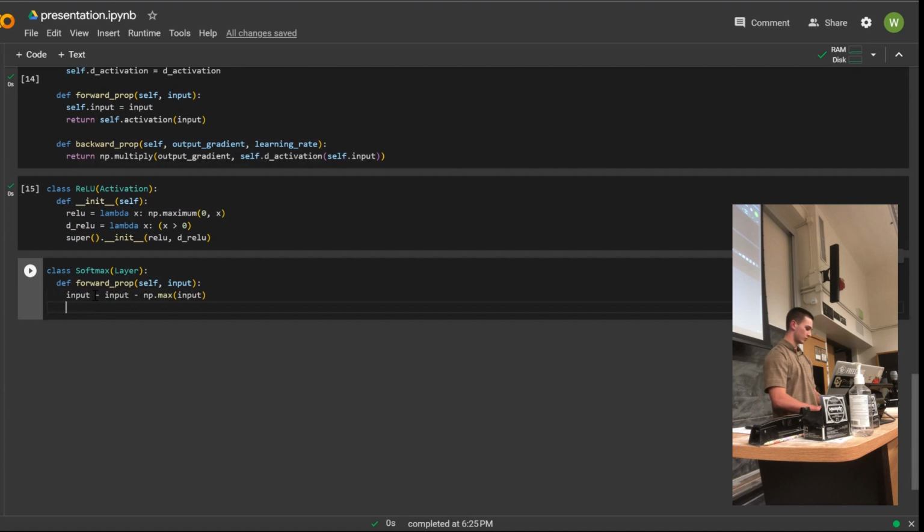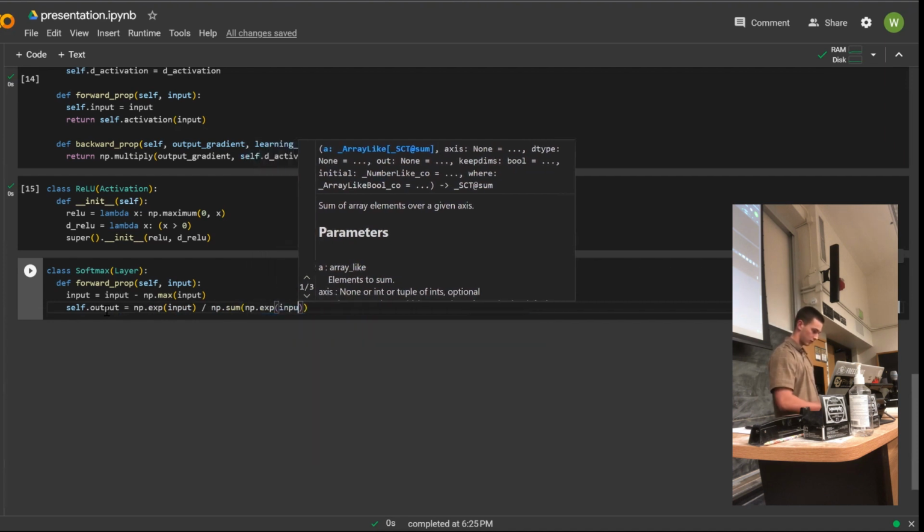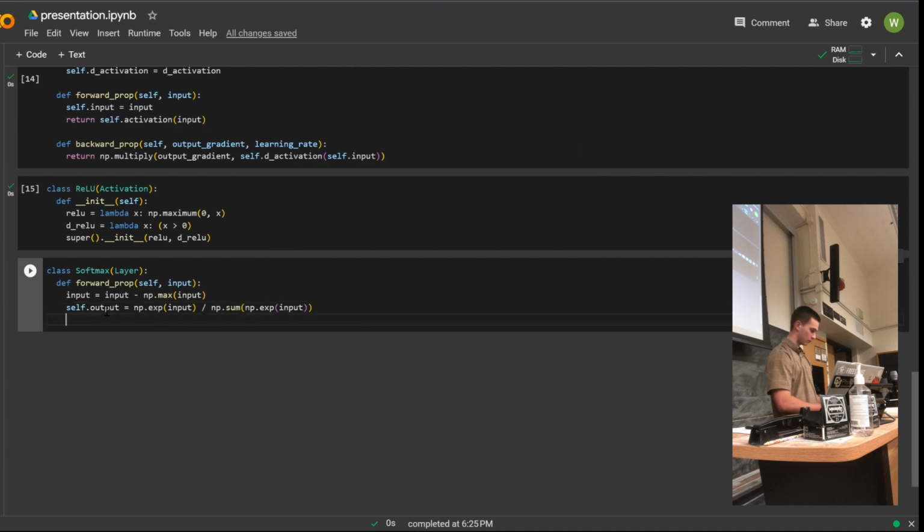So I'm just shifting each element of the input vector over to the left by the maximum. So when we raise e to that power, we don't get overflow errors. Okay, and then for our actual function, we compute it as e to the x over the sum of all the e to the x. And then we're going to return that.